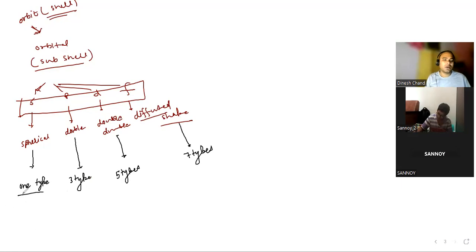First of all, I want to know how many maximum electrons are possible in s orbital. 2. Okay. So s orbital is only one type. There is a rule.